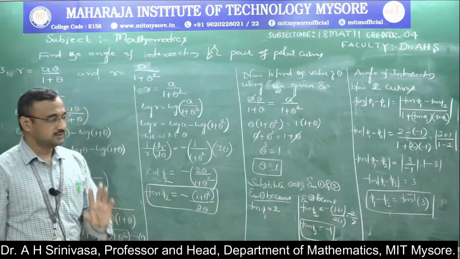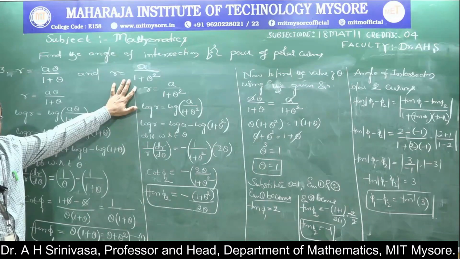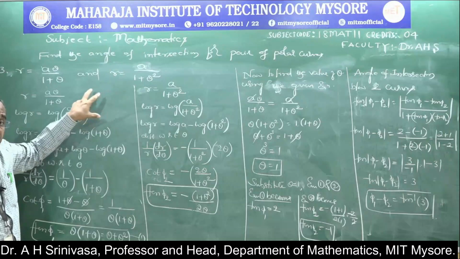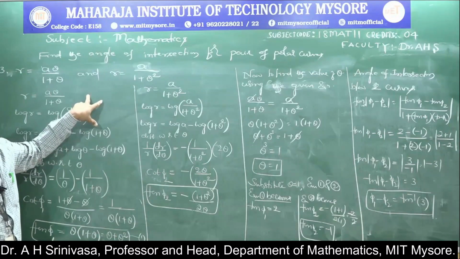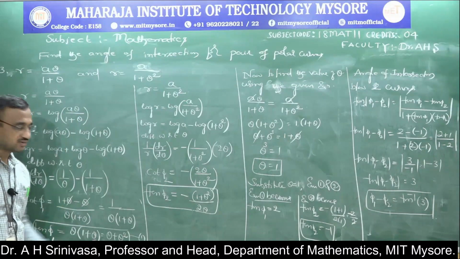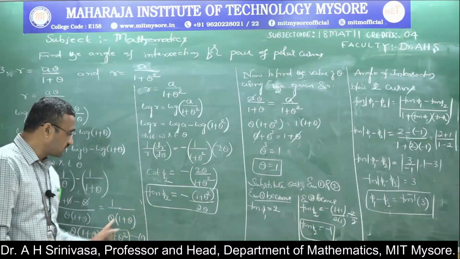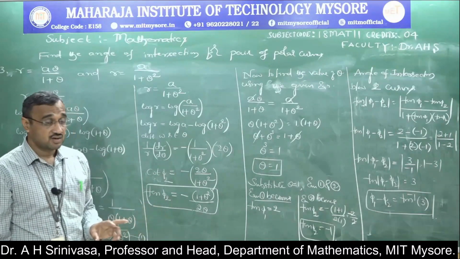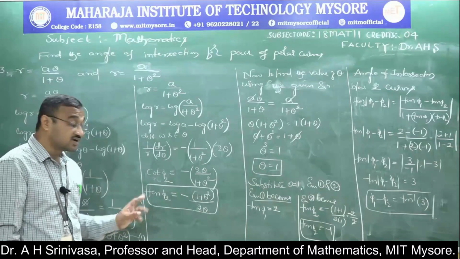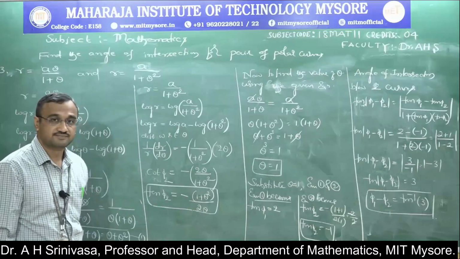So I am explaining again clearly. What they have given is curves, and to find the angle we have to extract the values of phi 1 and phi 2. But in this equation, we don't get the values of phi 1 and phi 2 directly. For that, we have to convert in terms of tan theta. In equations 1 and 2, tan phi 1 and tan phi 2 are obtained in the form of theta.